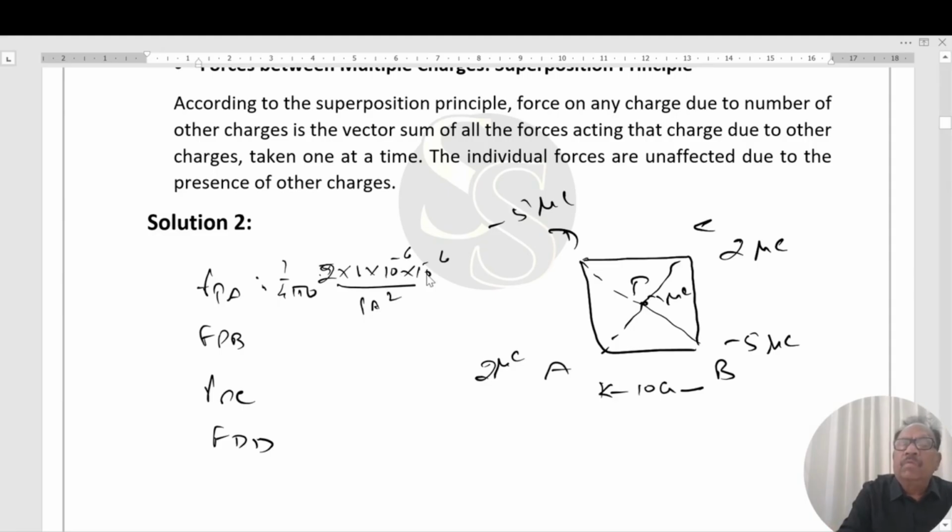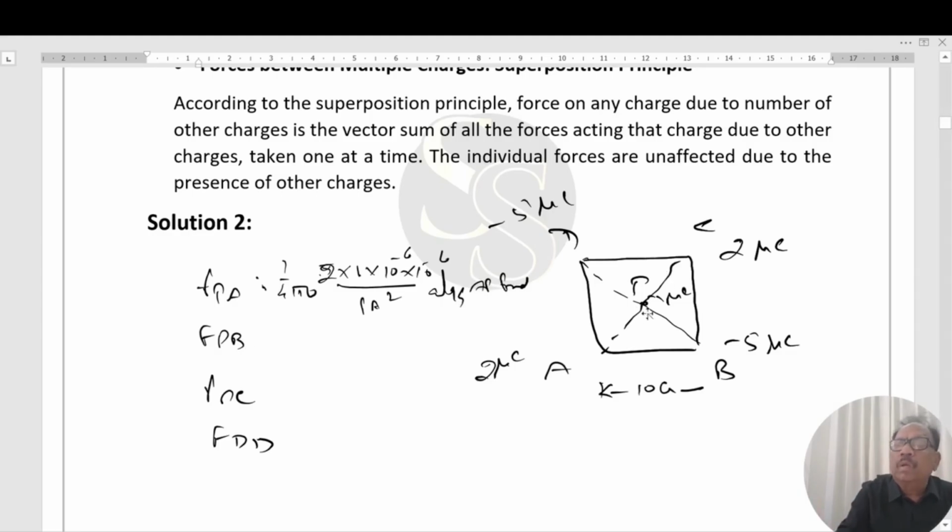What will its nature be? Both are of the same nature, so the force will be repulsive. The force on this will be along AP produced, in this direction.